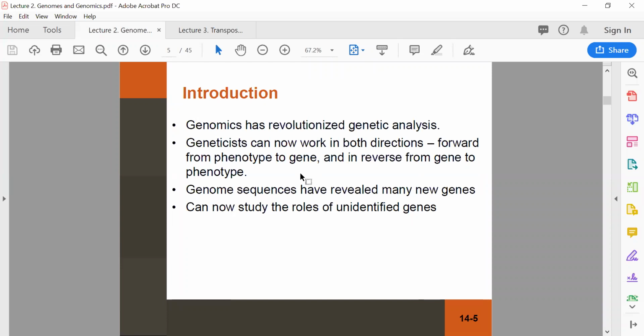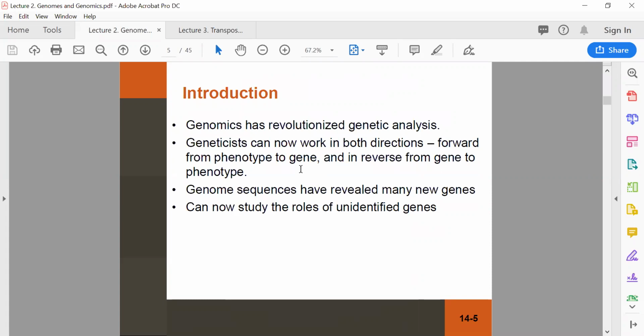In contrast, having the entire DNA sequence of an organism's genome available allows researchers to work in both directions. That is, they can perform forward genetics, and they can also perform what's called reverse genetics.